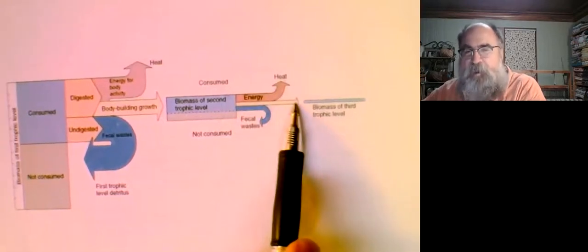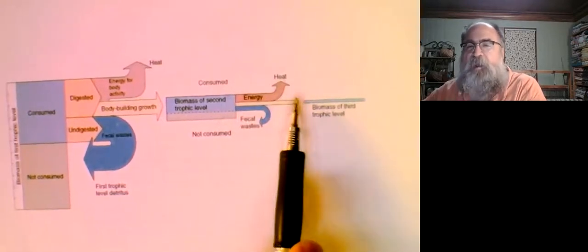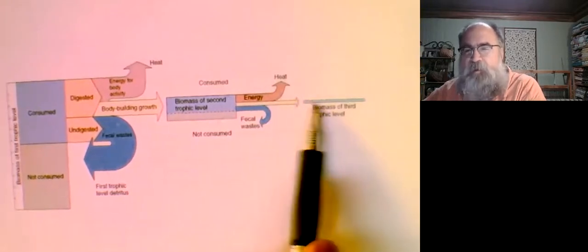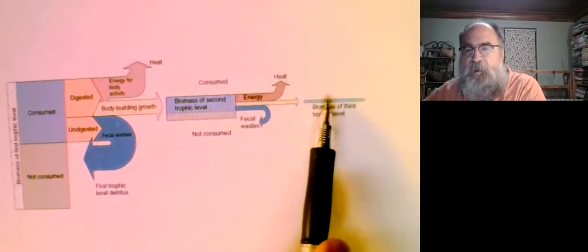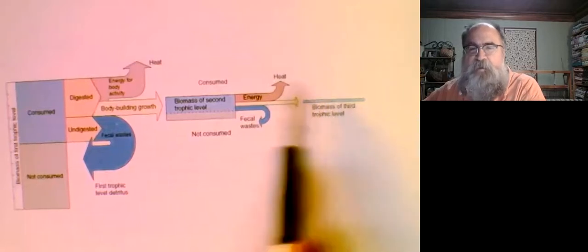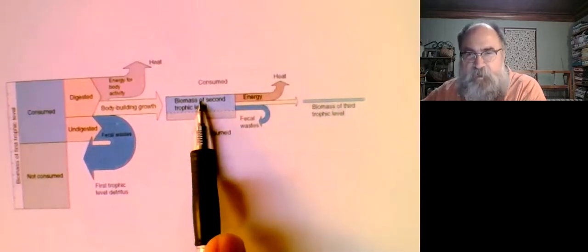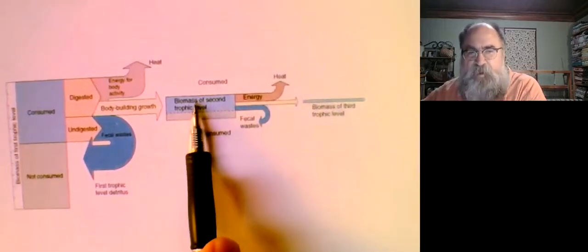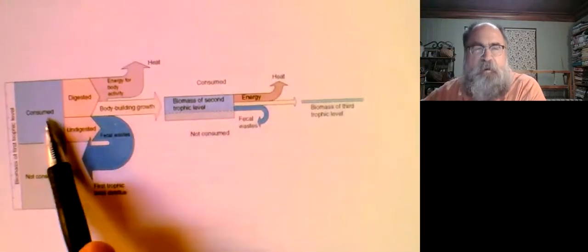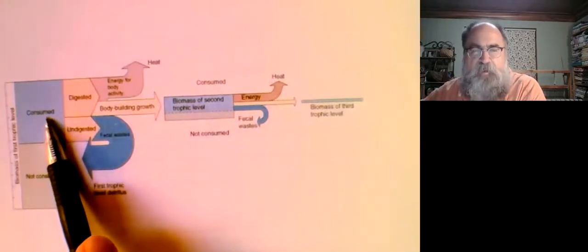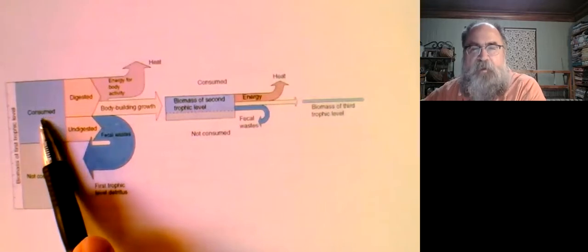Some ends up going and forming the actual body of the predator, right? And so that's all that's left. Notice that you have maybe like a tenth of the biomass of the sheep, and of the sheep, a tenth of the biomass of the producer down here of the plants.